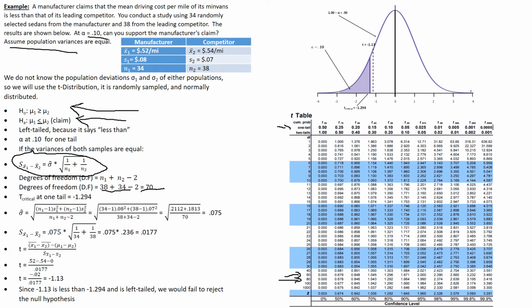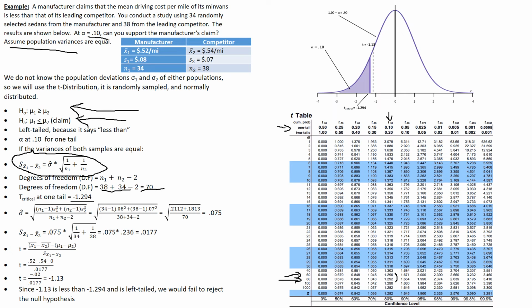At 60 it's 1.296, at 80 it's 1.292. So right between those is 1.294. Since I'm on the left side, it's negative 1.294.